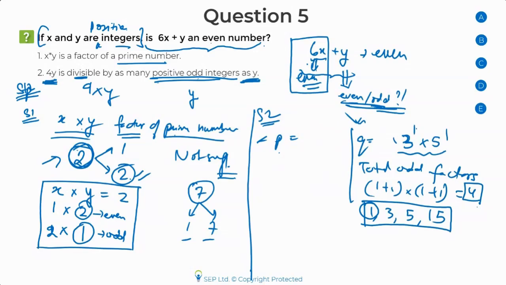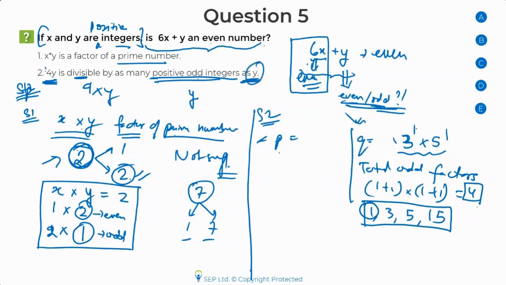Okay, no, Neeraj, it doesn't say y is odd. Please read carefully. 4y is divisible by as many odd factors as y. So they're basically saying the number of odd factors that divide y and that divide 4y is the same.